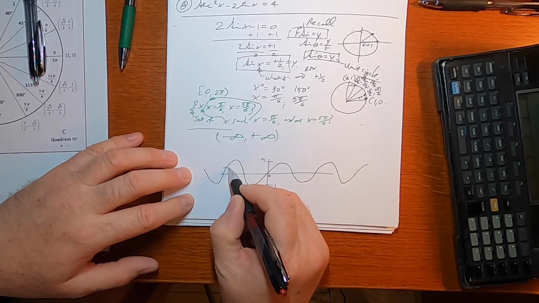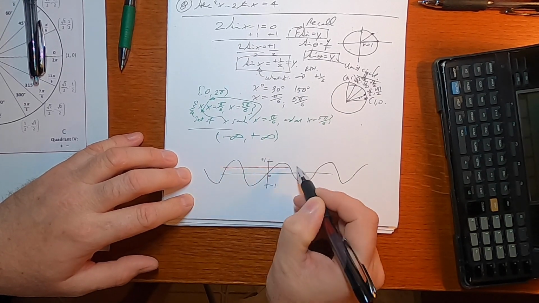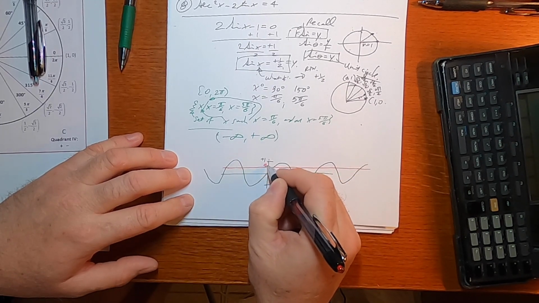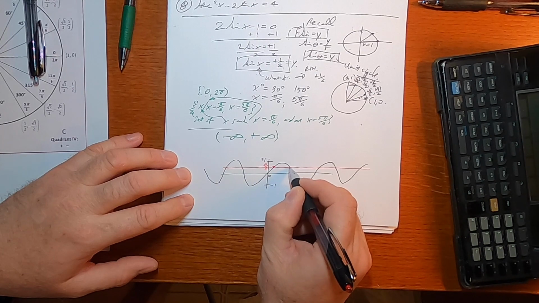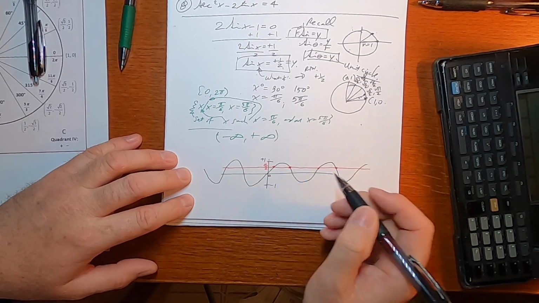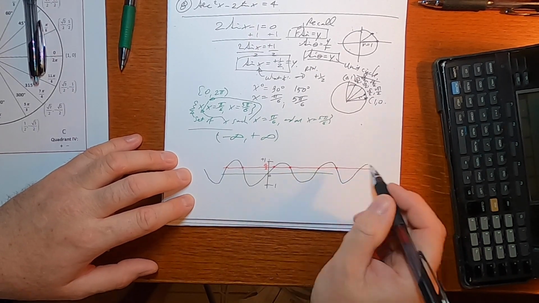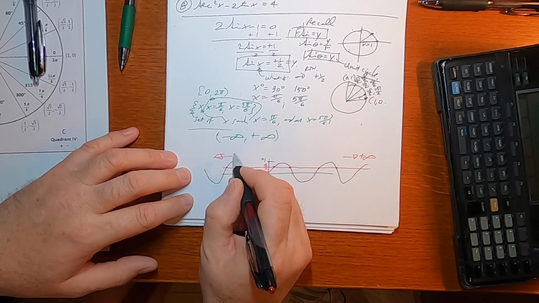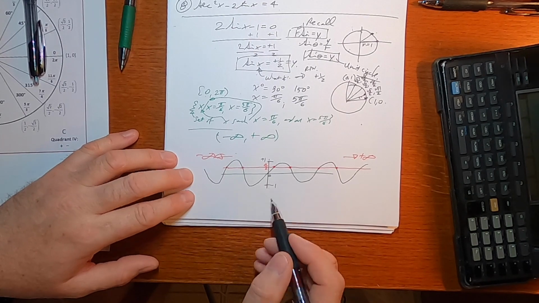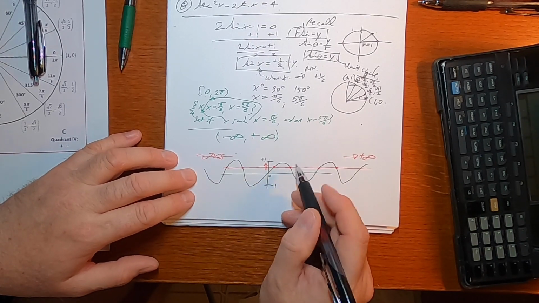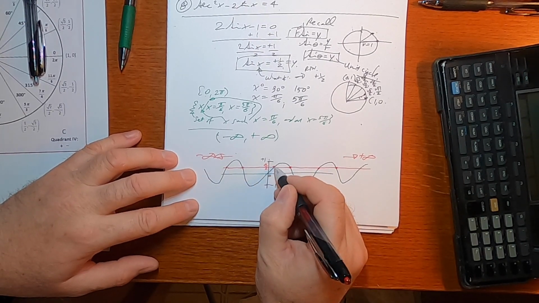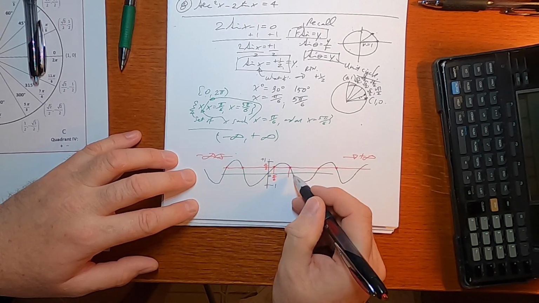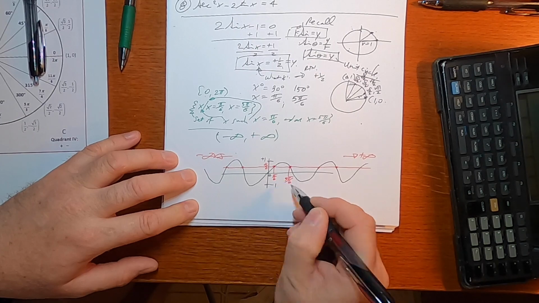So that would be this line drawn through here, plus 1/2. You're seeing there's a solution here, a solution here, a solution here, a solution here, onward and onward to positive infinity, all the way to negative infinity. And this one would be our pi over 6. And this would be our 5 pi over 6.